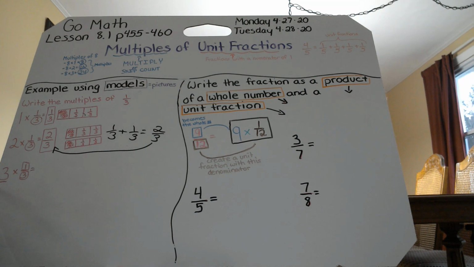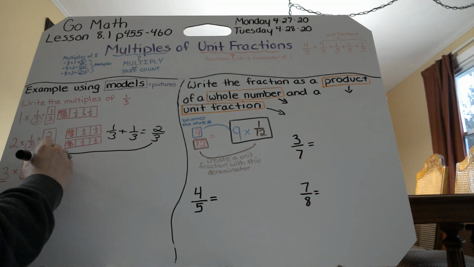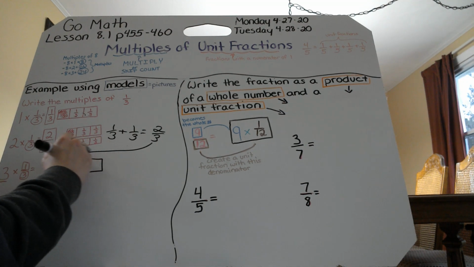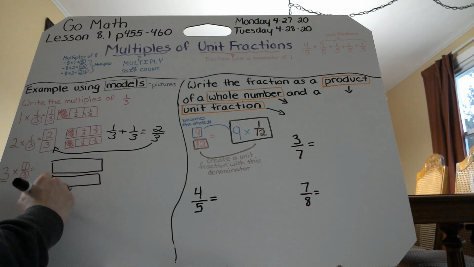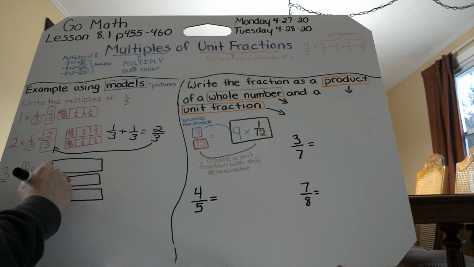Okay, 3 is my whole number, and 1/3 is my fraction. So how many models should I have here if I need 3 times 1/3? Yep, you guessed it. I should have 3 models. And how many pieces should each of these models be broken into? That's right.